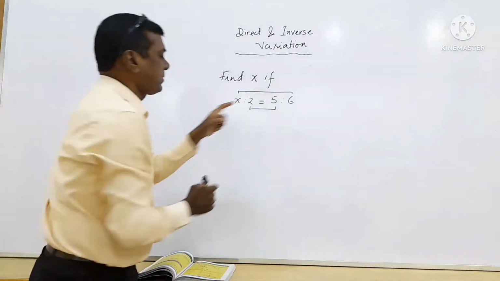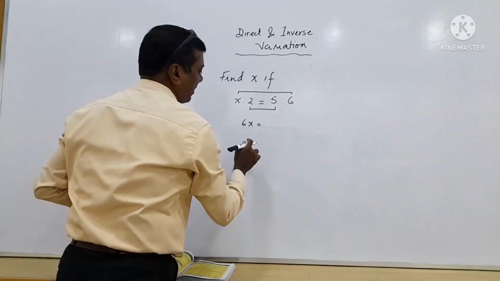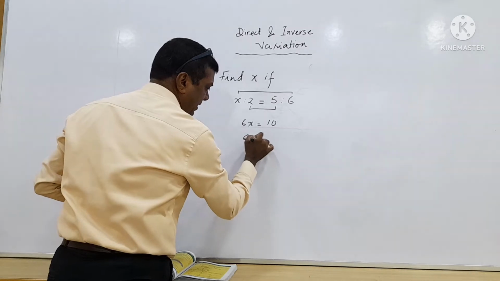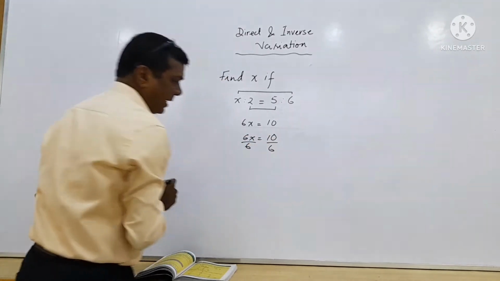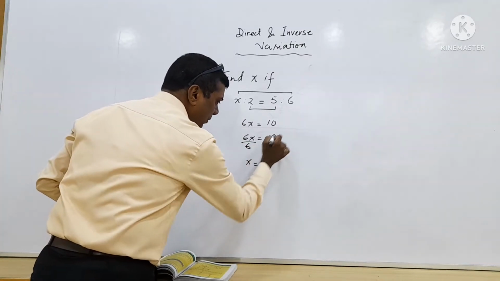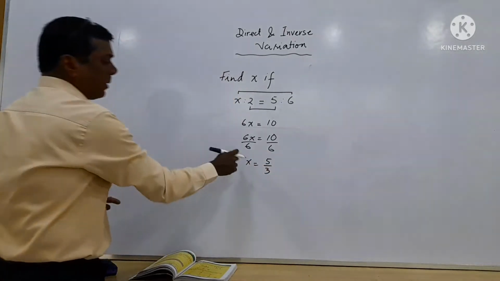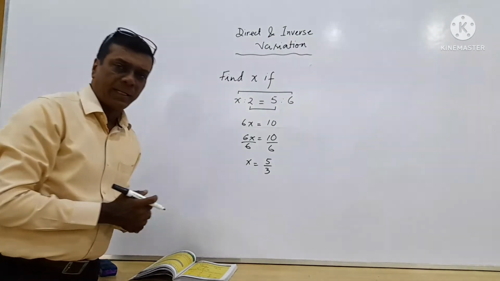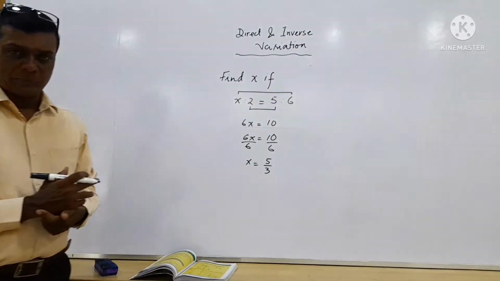So x times 6 will give me 6x, and 2 times 5 will give me 10. I'll write 6x is equal to 10, and then I will divide my left side and my right side by 6. When I simplify, 2 times 5 and 2 times 3, my x is equal to 5/3.